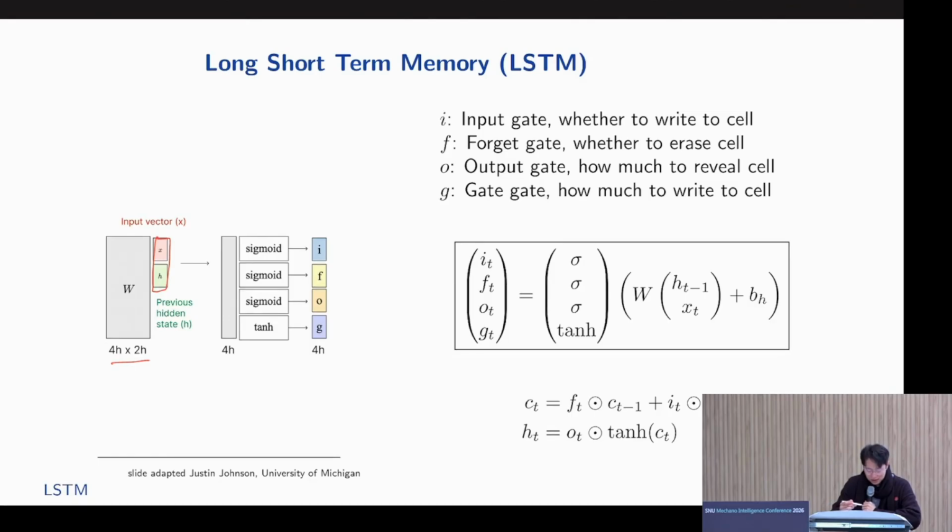For the LSTM case, once we apply this matrix, we apply these 4 nonlinearities to compute i, the input, forget, output, and gate, and then the cell state update doesn't require any other matrix multiply, and hidden state is computed from the cell state.